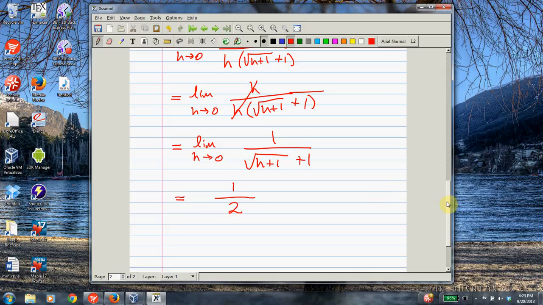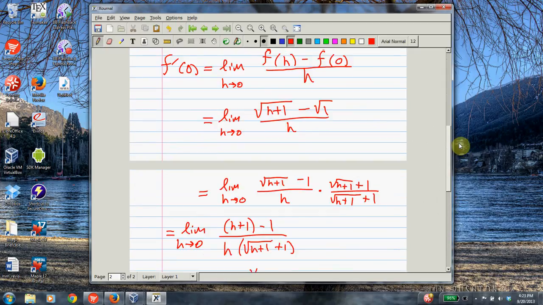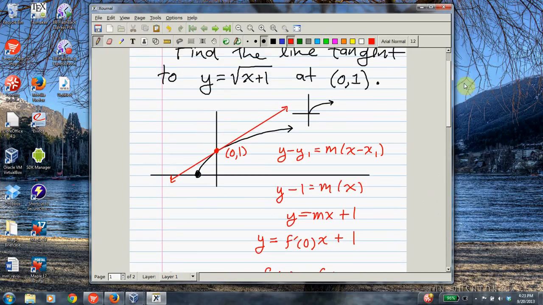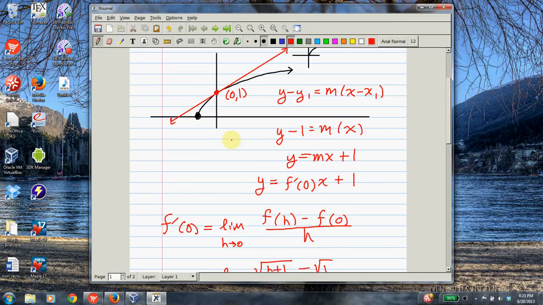So the answer is 1/2. Now if we come back up here, we were almost done with this problem before we even started. We wanted to find the equation of the tangent line, and the only thing that was missing was the slope, but now we know the slope. And so the final answer is that the tangent line is described by y equals 1/2 x plus 1.